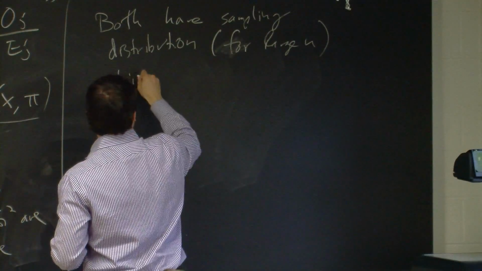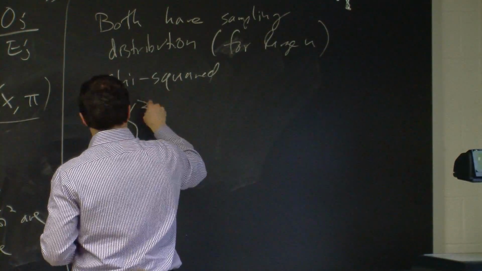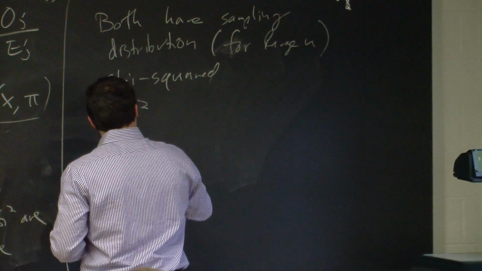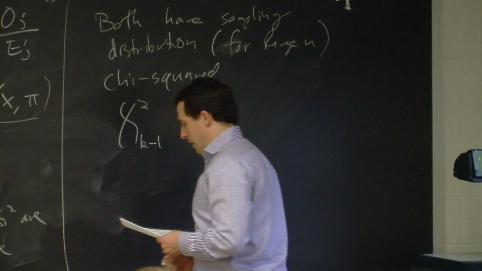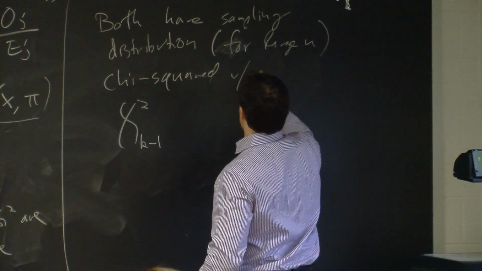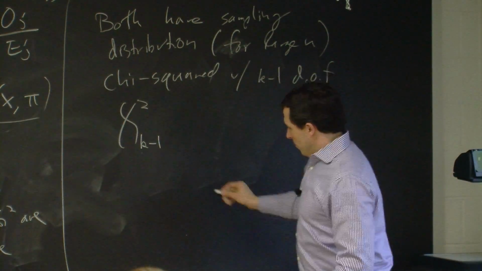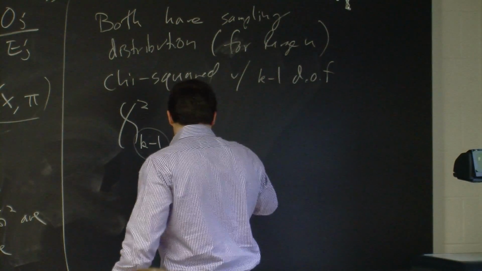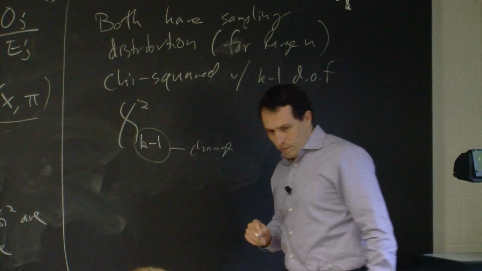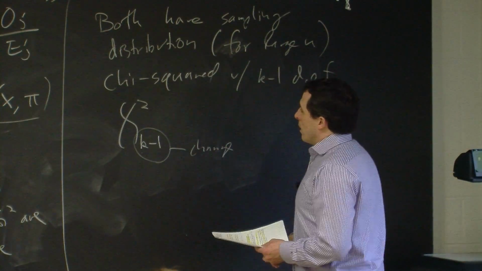It's the chi-squared distribution with the degrees of freedom k minus 1. And this number is going to change.